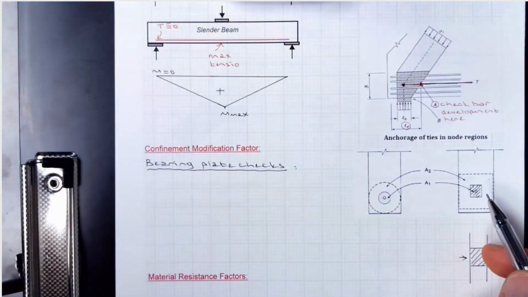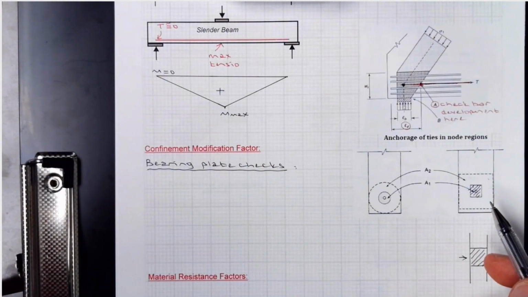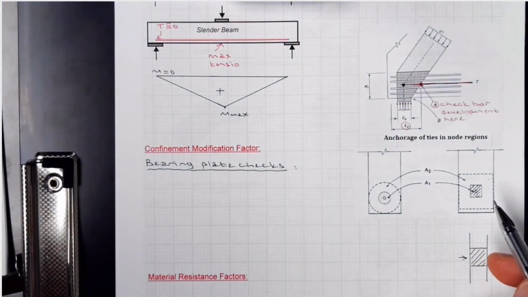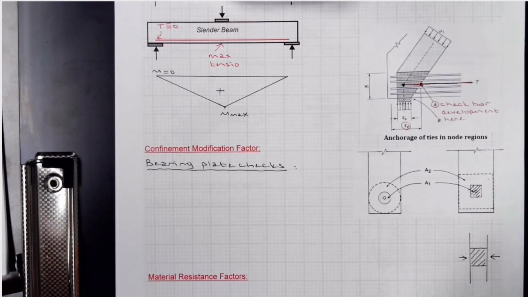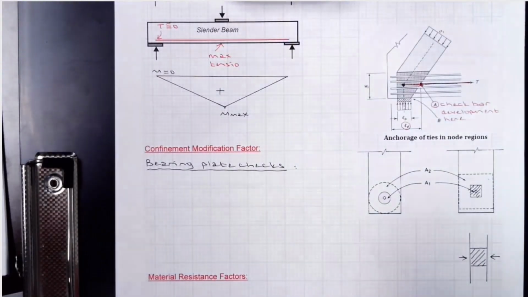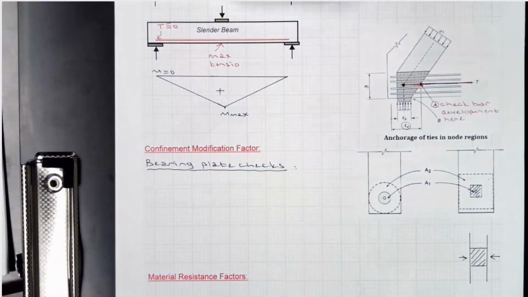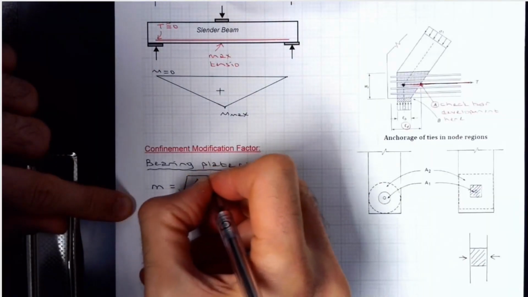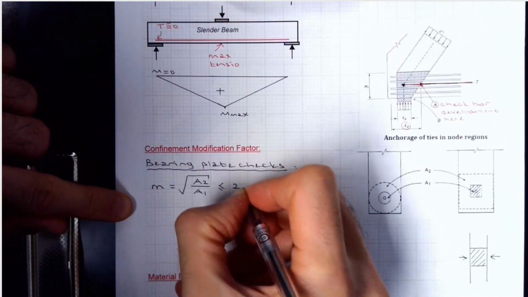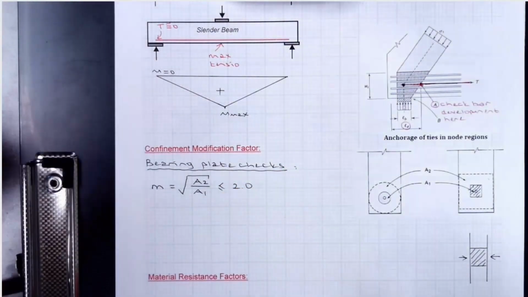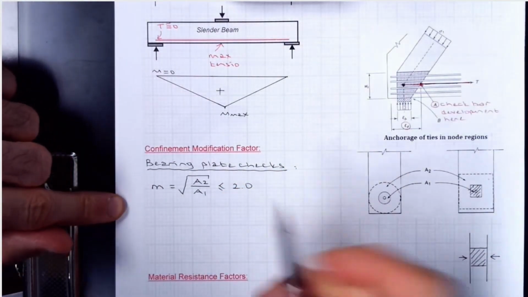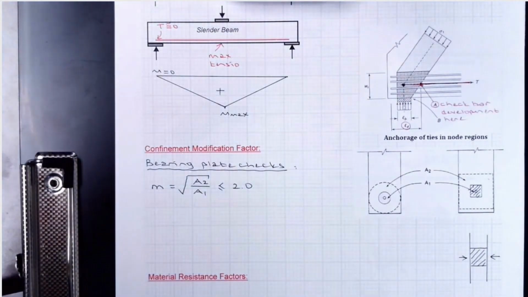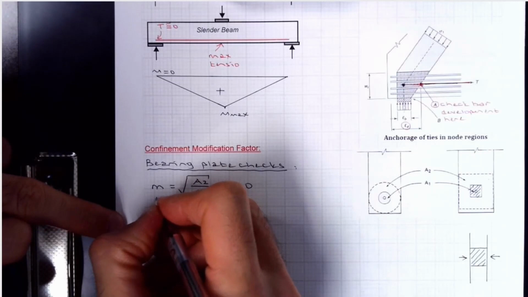So based on this we are permitted to enhance the capacity based on the ratio of the area, right? So large area divided by small area, take the square root of it, and I think there is an upper limit which is 2.0. I'm going to check this over the break, but I'm pretty sure it's like this. So you can enhance your strut capacity by this multiplier.